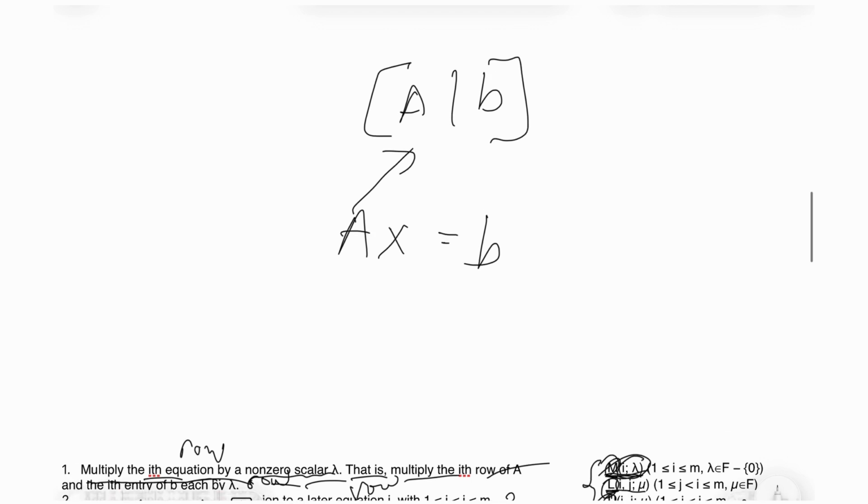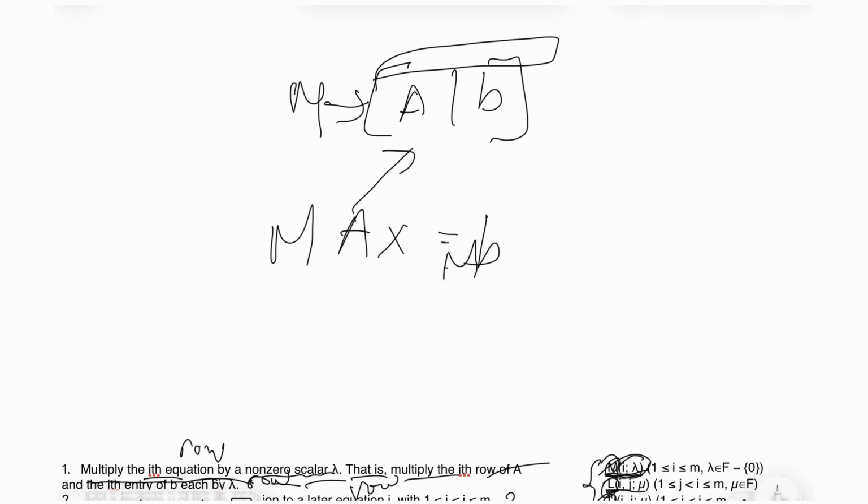Let's say I perform the first rule, which is multiply. M, what am I doing? I'm multiplying the first row of this entire thing. So basically, I'm adding M here and M here. Since A and B are together, I'm doing it to the whole thing.